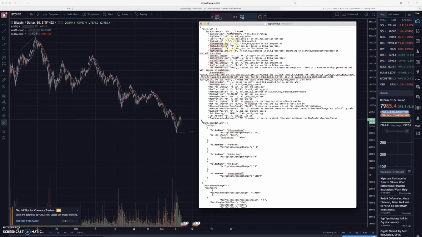So DCA enabled, I put at -5 because when I started seeing that this drop wasn't stopping and then we barely moved up here, I decided, okay, looking at the overall trend, and you guys saw me posting the videos about the descending wedge, and I thought the apex of the wedge was pretty far off in this region.